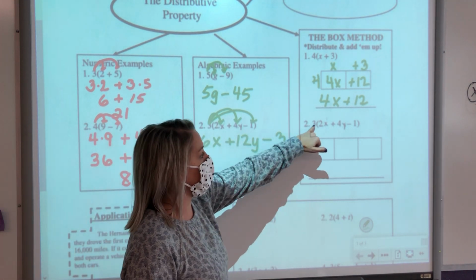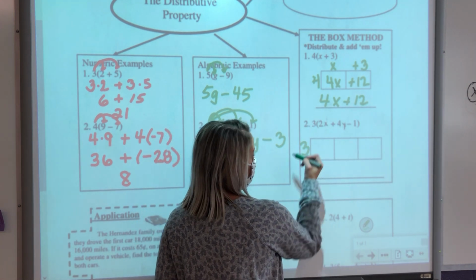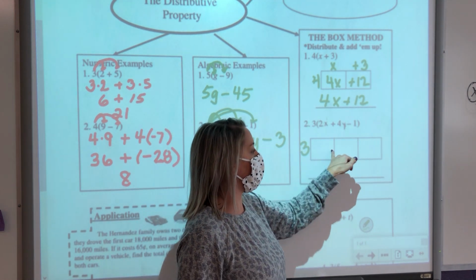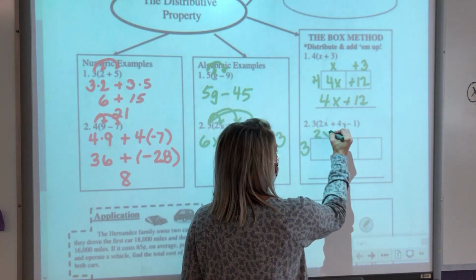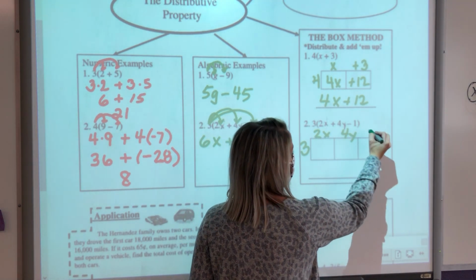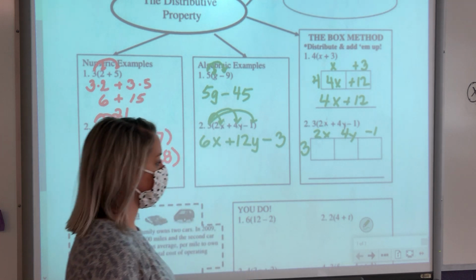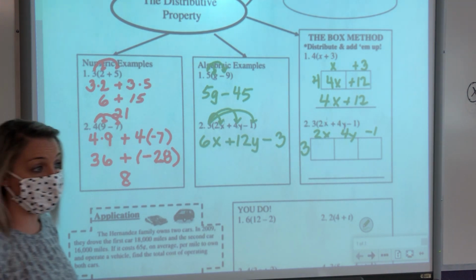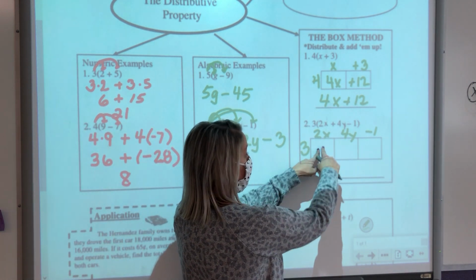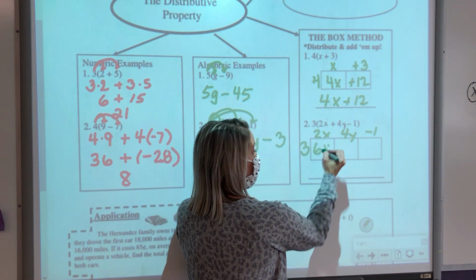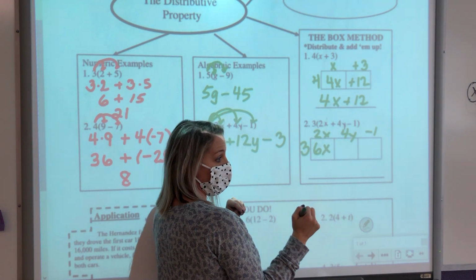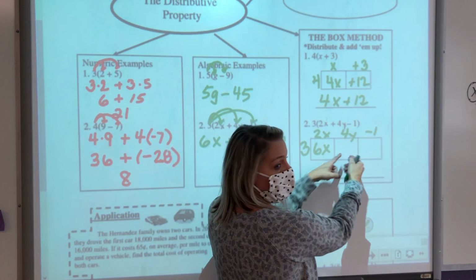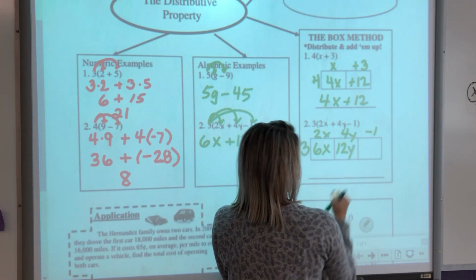So then on this problem here, 3 goes on the outside, and then our add-ins go up top: 2x, 4y, and negative 1. So then again, just like a multiplication chart, 3 times 2x is 6x. 3 times 4y is 12y.